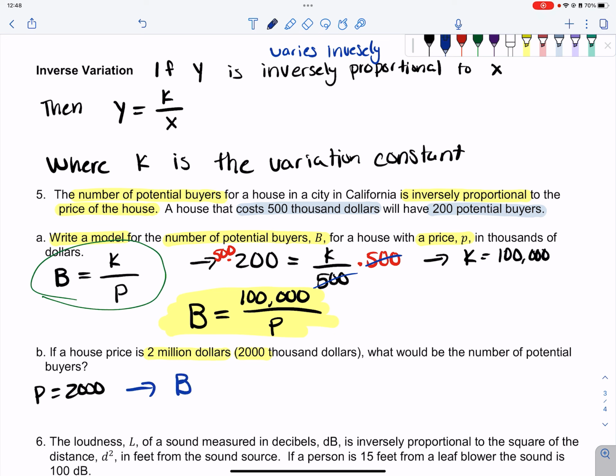Our number of buyers is equal to 100,000 over 2,000, and that should give us that B is equal to 50. So we have 50 potential buyers for this house.